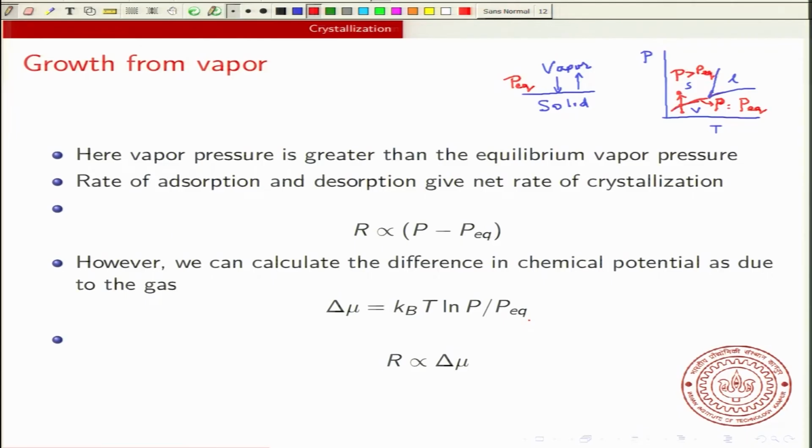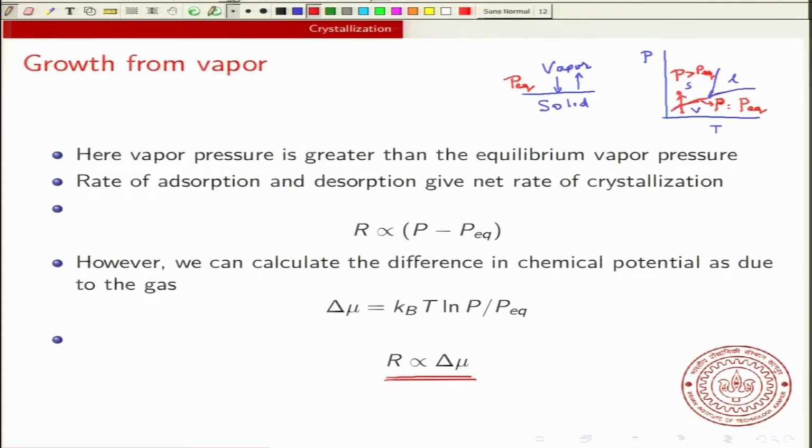Okay, and in this case also the rate can be written as approximately proportional to delta mu, for pressures close to this P equilibrium. So again we see that the driving force, or the rate of crystallization, depends on this difference in chemical potential, and the difference in chemical potential can be calculated from the difference in pressure.